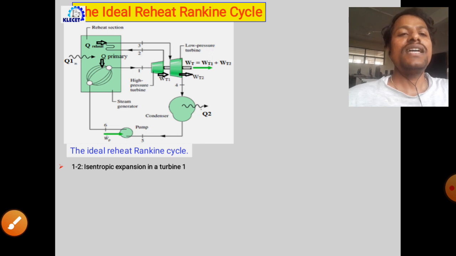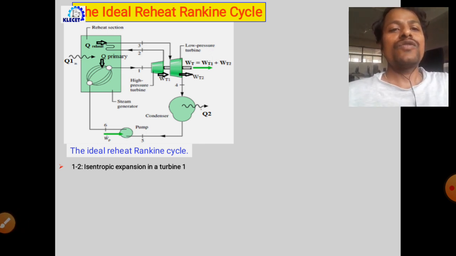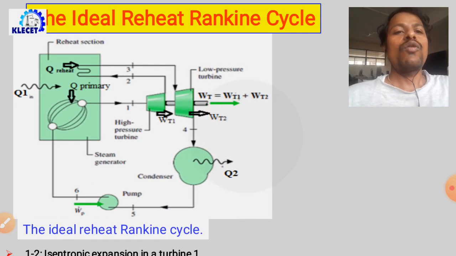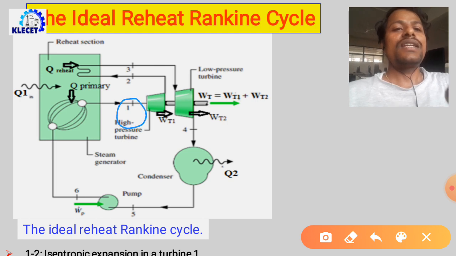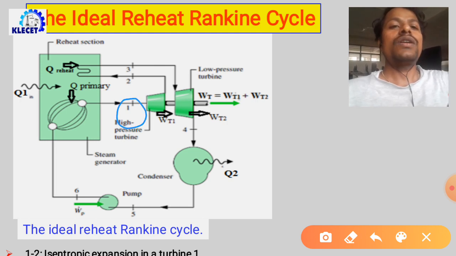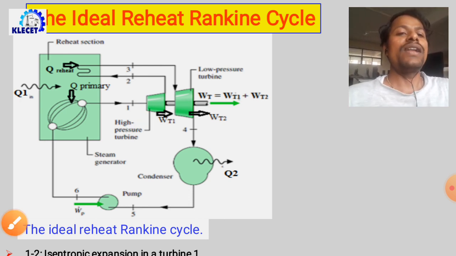That is 1 to 2. We have already understood that state 1 is the turbine inlet and state 2 is the turbine exit. So 1 to 2 is isentropic expansion in stage 1.